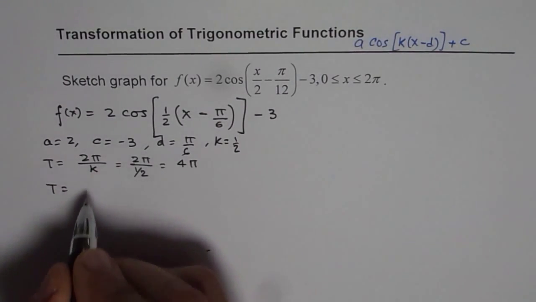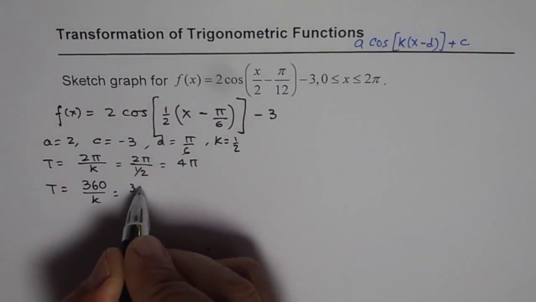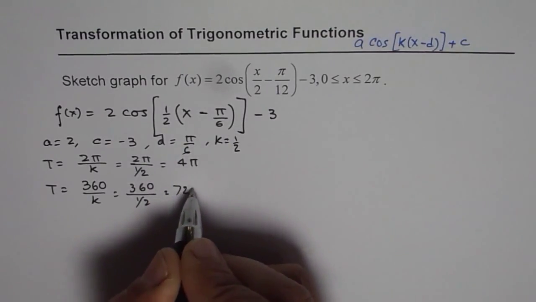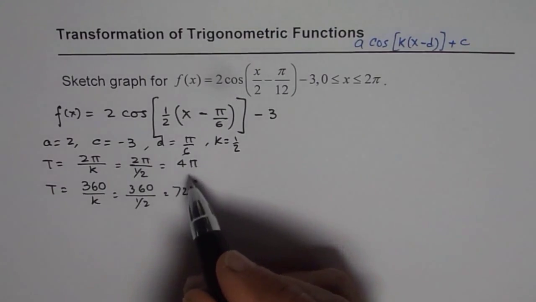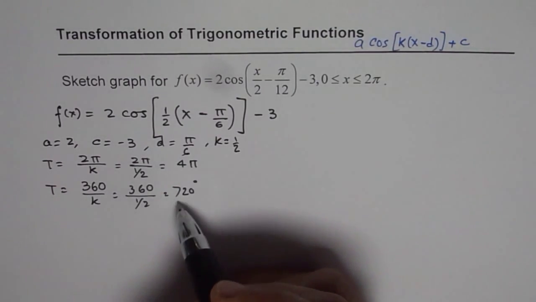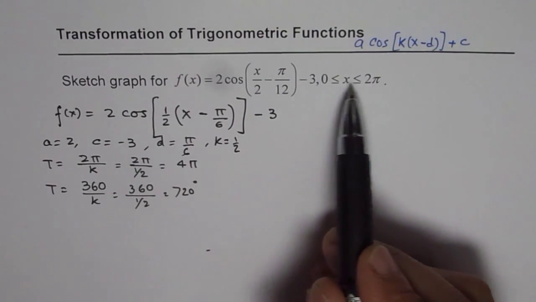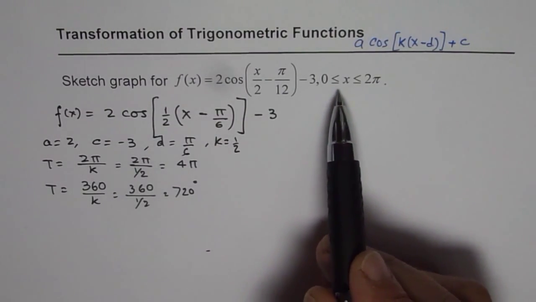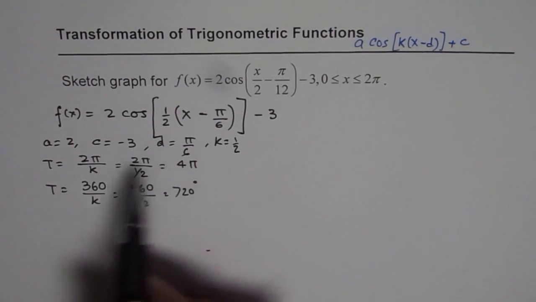If you do it in degrees, then it will be 360 by k, which is 360 by half, or 720 degrees, correct? So that means 2 pi will be half the time period. Within 0 to 2 pi, you actually get only half of the wave, correct?